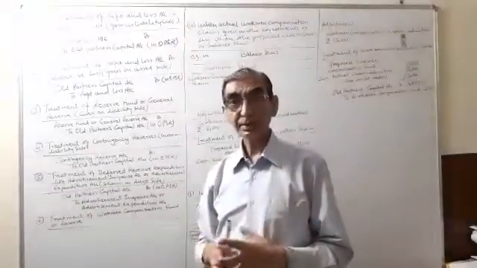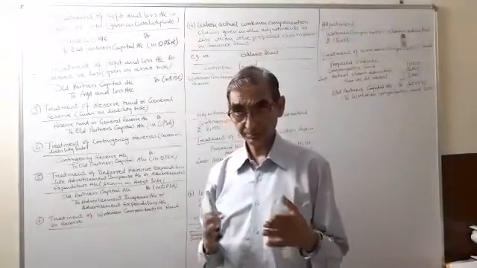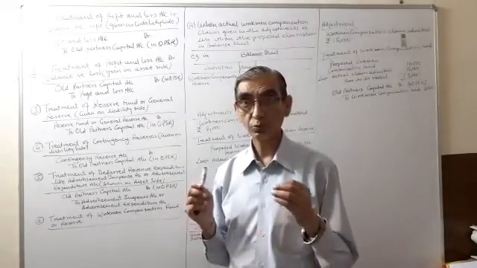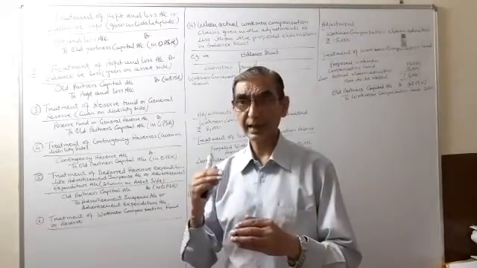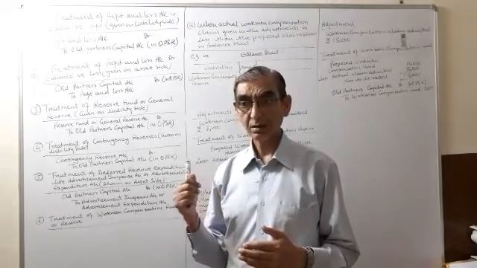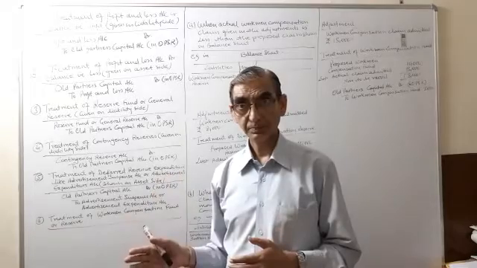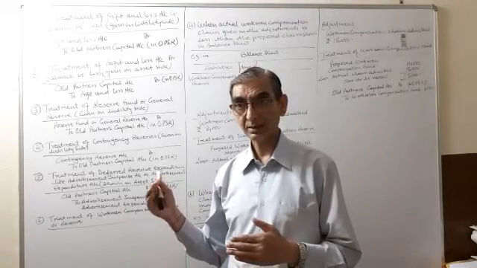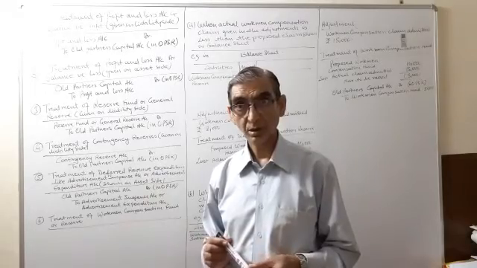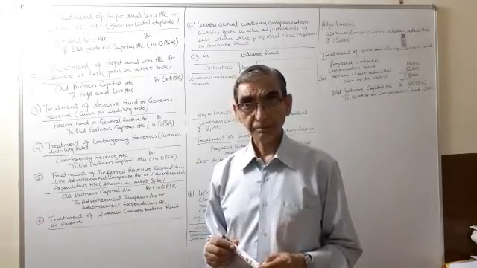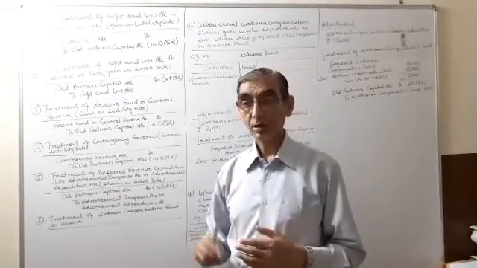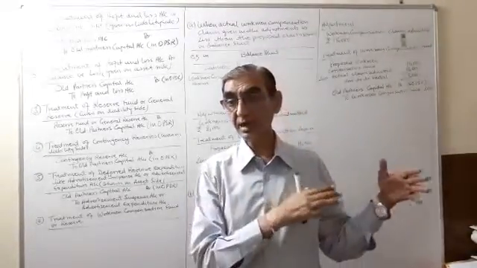What is workmen compensation? First, try to understand it. Whenever there is an accident that happens and the workers get some injuries because of the accident, then to compensate the loss, a fund is created by the firm.